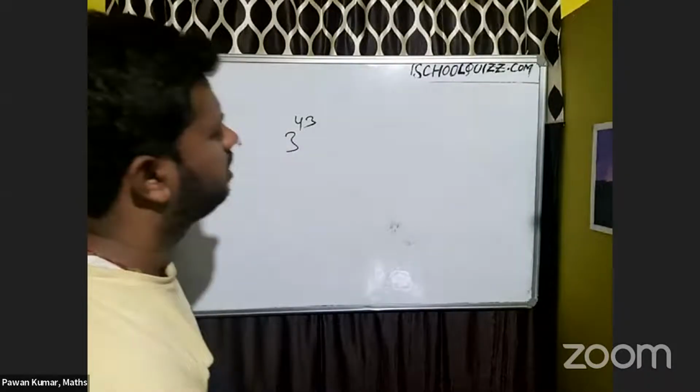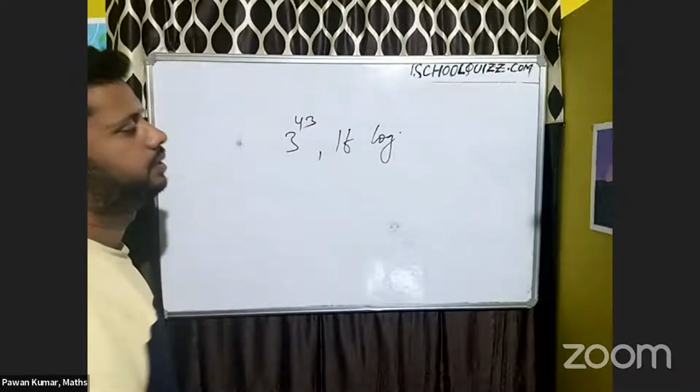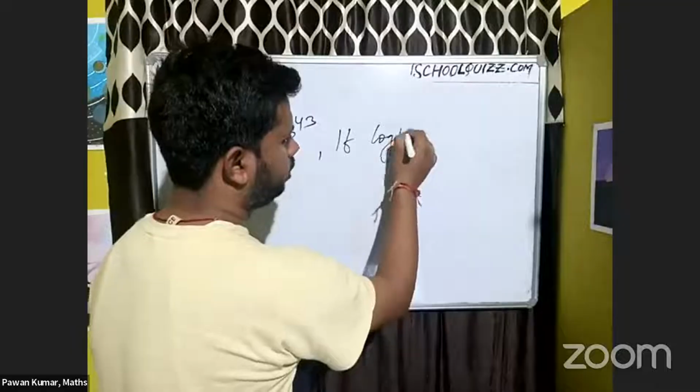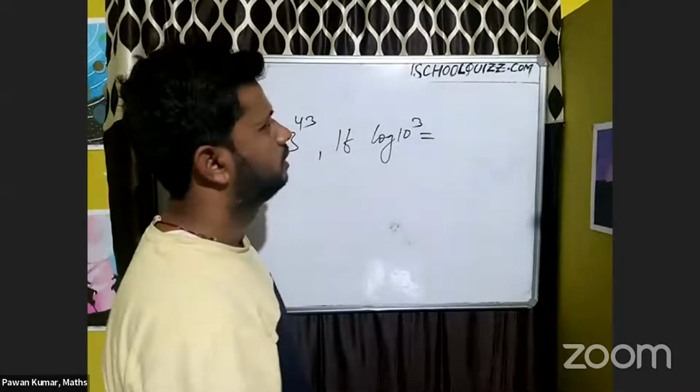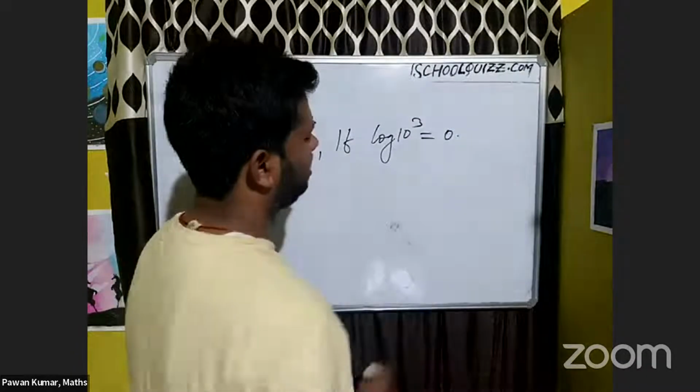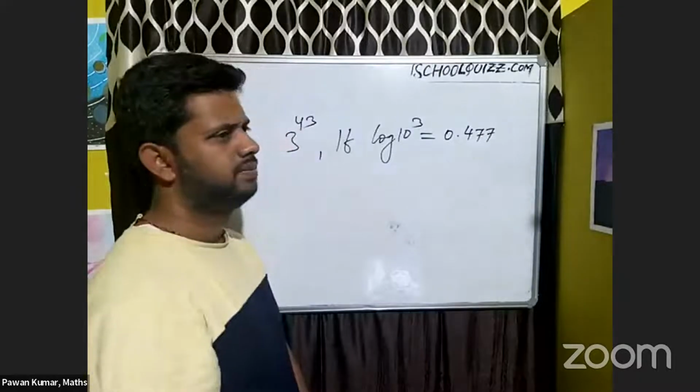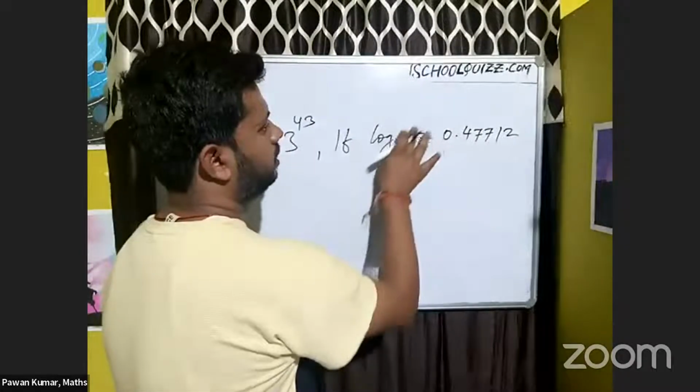If log, logarithm is 10 to the power 3, if log के बाद में 10 to the power 3 is equal to 0.477.